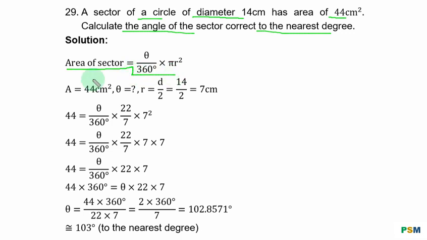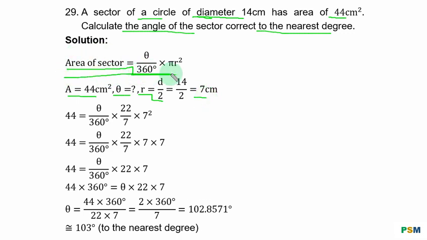The area is given as 44 square centimeters. The angle of the sector is unknown. We are given diameter. We need radius, which is equal to diameter over 2. You have 14/2 equal to 7 cm.